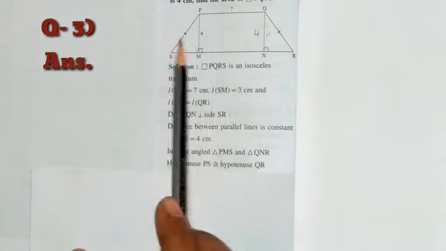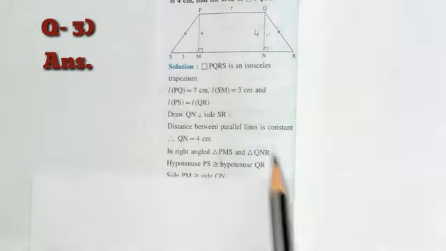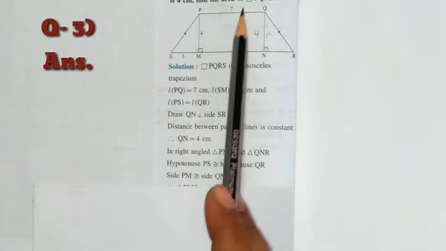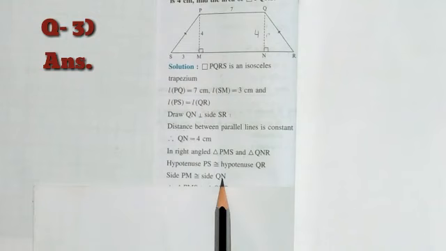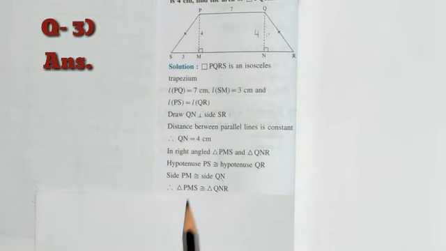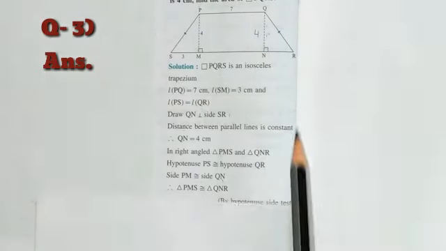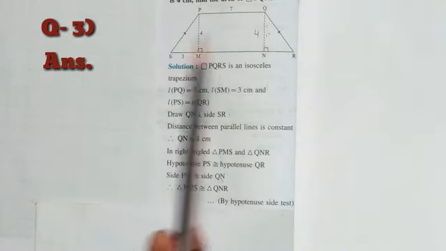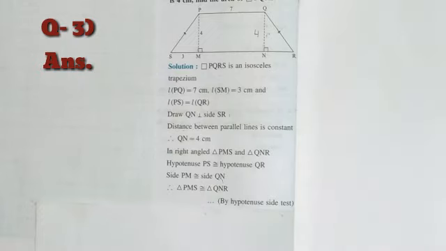It means both have the same measurement. So here we can use the hypotenuse side test. On the basis of that, PM is 4 centimeter and QN is also 4 centimeter. That's why they are congruent to each other. So triangle PMS is congruent with triangle QNR by the hypotenuse side test.